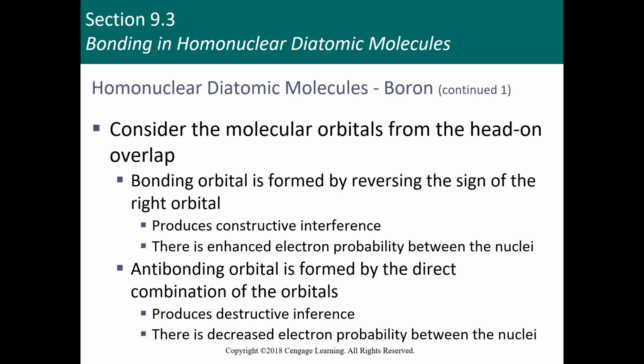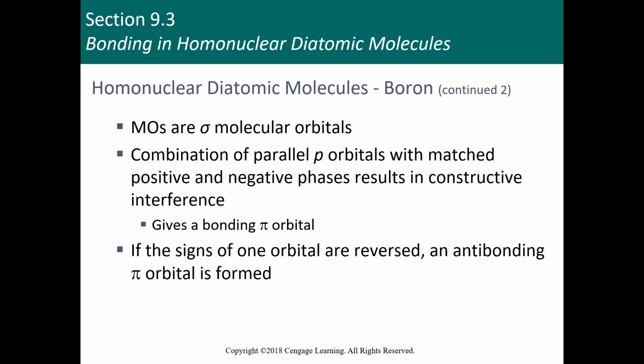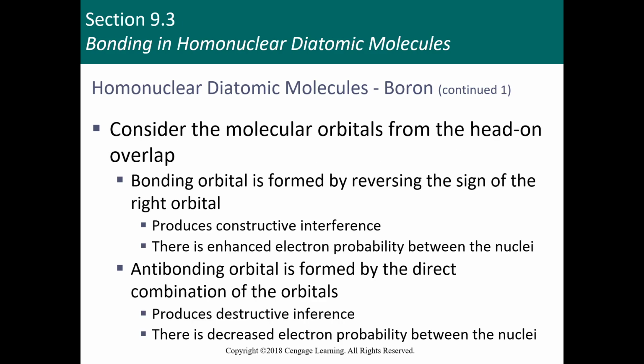What this is really saying is that the ones that overlap directly, your sigma bonding orbitals, have a greater probability of finding electrons because you have your 2 nuclei interacting with them. Your anti-bonding orbital is going to be formed by direct combination of the orbitals, and this is going to produce destructive interference. There will be a decreased probability between the nuclei, which means this is the anti-bonding, where the electrons are on opposite sides, not between the 2 nuclei, not contributing to bonding.